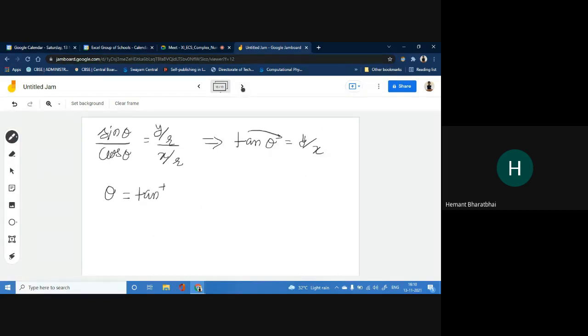So I'll get tan theta is equal to y upon x.